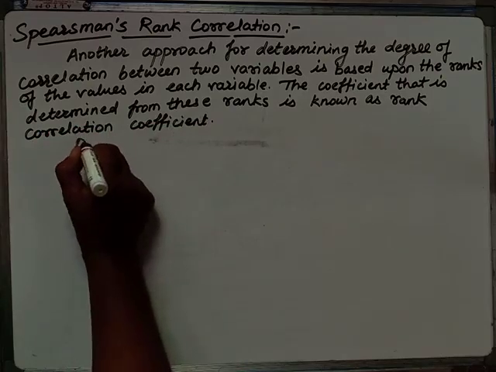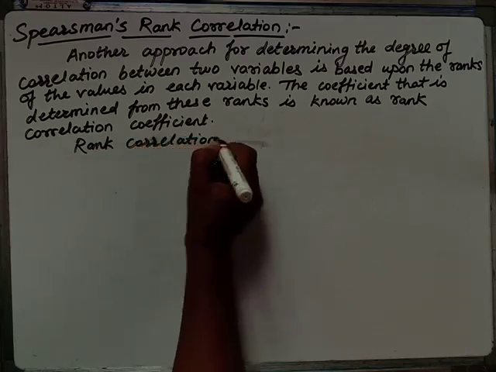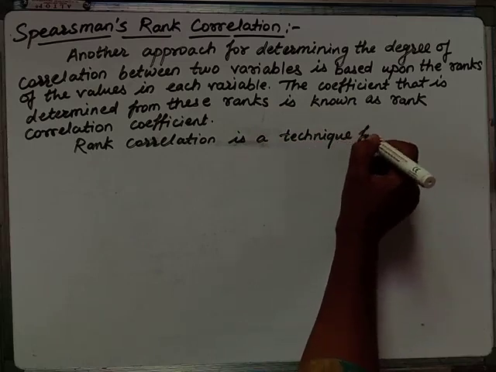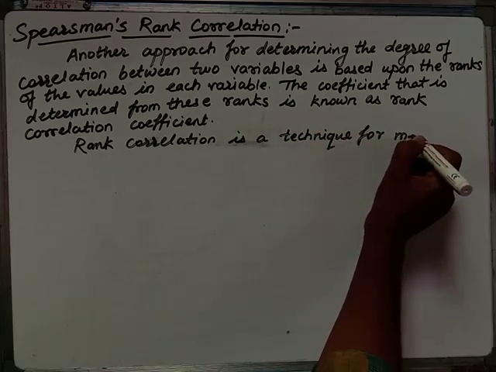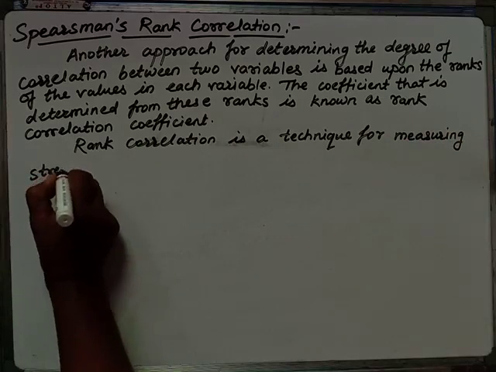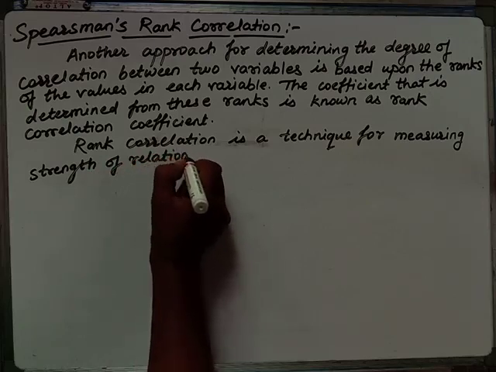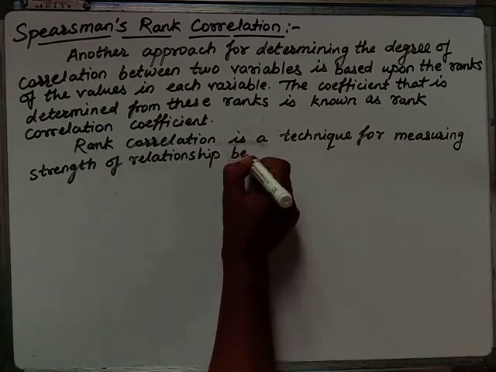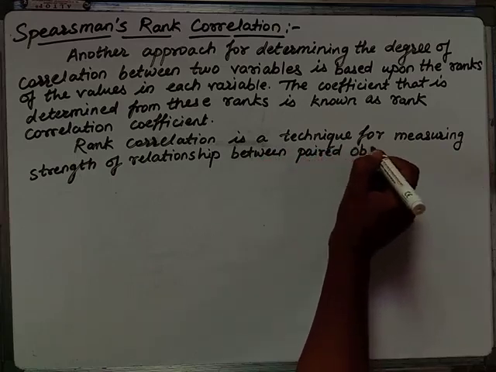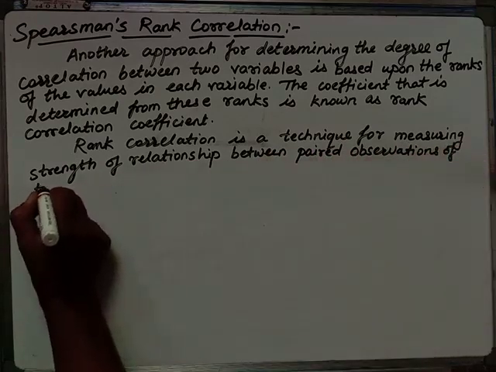Rank correlation is a technique for measuring strength of relationship between paired observations of two variables.